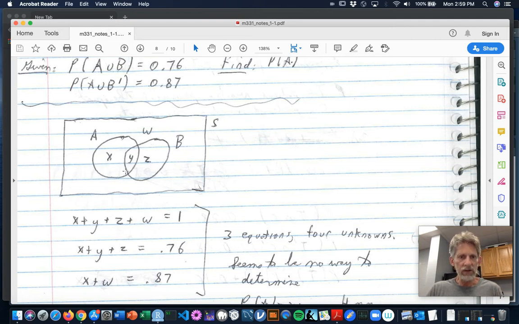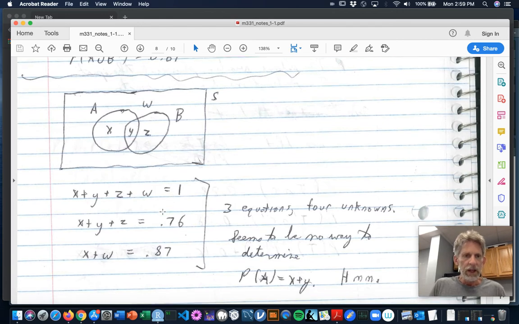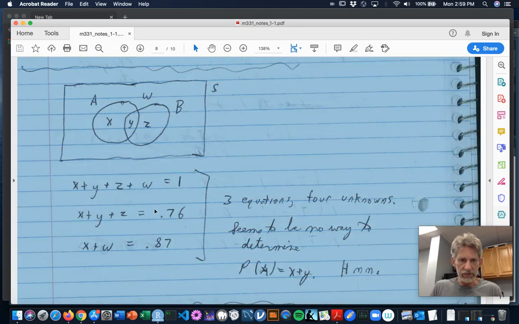The Y is the intersection of A and B, and the Z is the stuff that's in B, but not in the intersection. And the W is the stuff that's not in A and not in B. So those 4 things, X, Y, Z, and W, have to add up to 1 because that's the probability of S. And we also know that the union was 0.76, so X plus Y plus Z has to be 0.76.